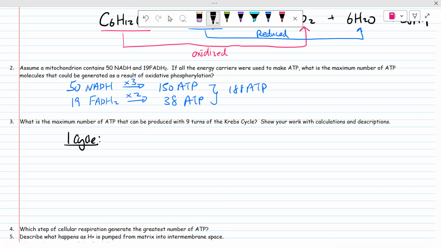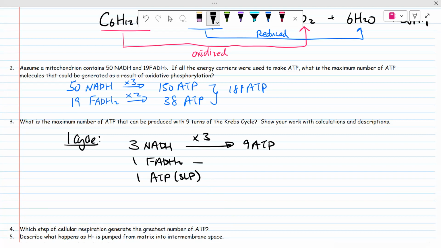How many NADH for one cycle? 3, yeah. And 1 FADH2 and 1 ATP, right? By substrate level phosphorylation. This translates to 9 ATP, right? Because each NADH can make 3. Times 2 for the FADH2.